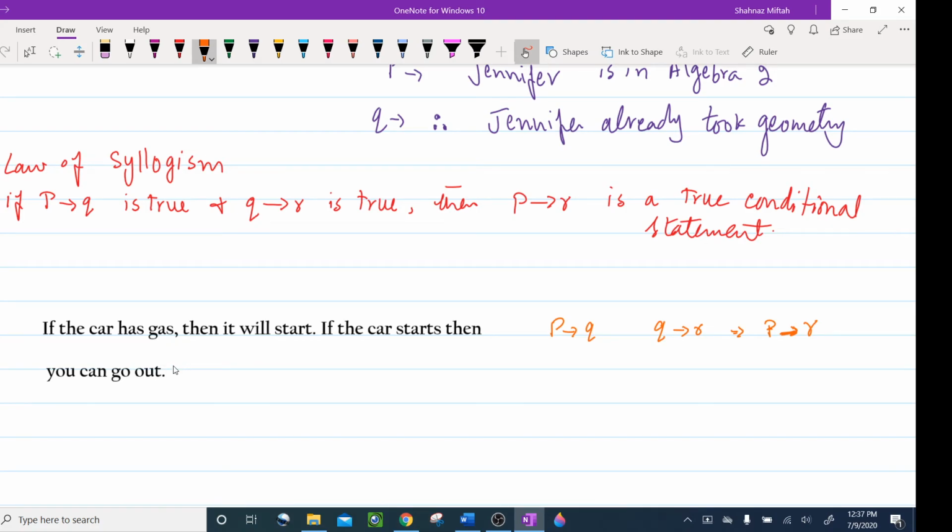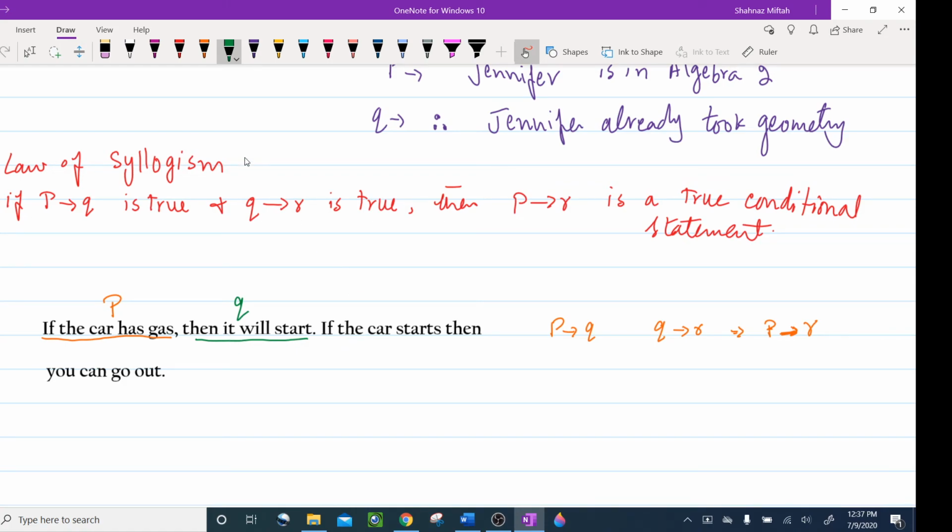Okay, so let's try and do this. If the car has gas, this is P, then it will start. That's the Q, right? Then this is Q. If the car starts, you see I picked the conclusion, the Q, with the if.